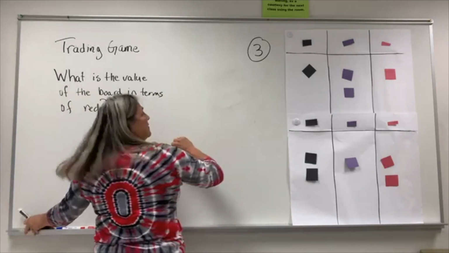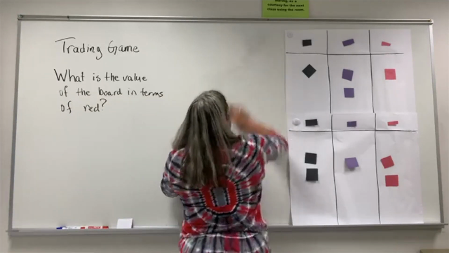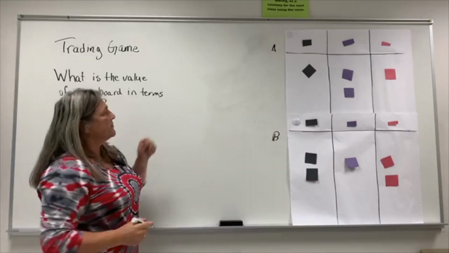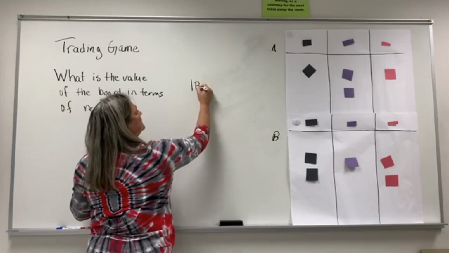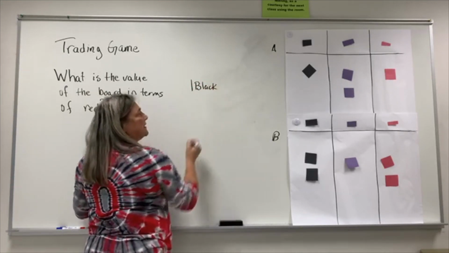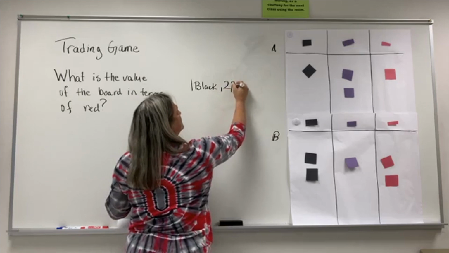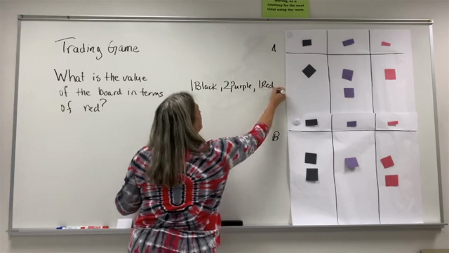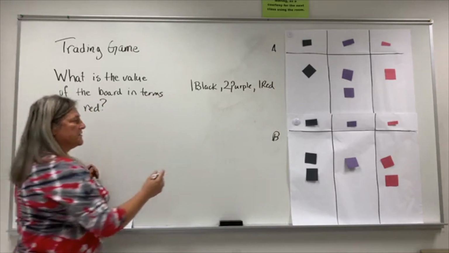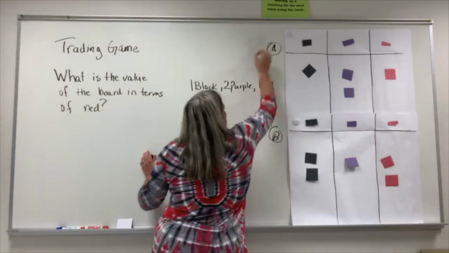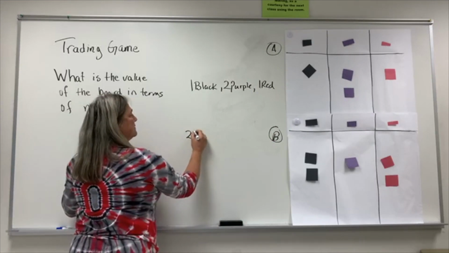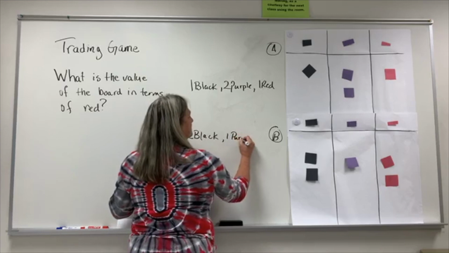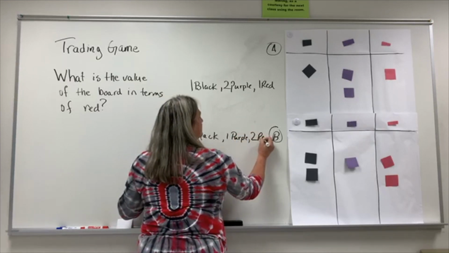Let's look at board column A and B. Okay, so on this board we have 1 black, we have 2 purples, and we have 1 red. 1 black, 2 purples, and 1 red. The B board has 2 blacks, 1 purple, and 2 reds.